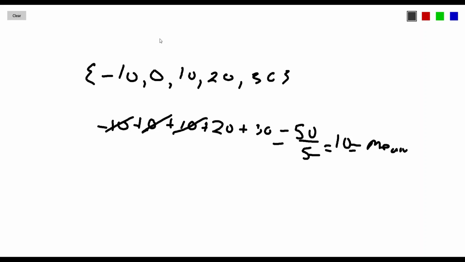All right. So I'm going to go ahead and clear this out. And so our next step to find the mean absolute deviation is to subtract our original data points. So let me write the original data set again.